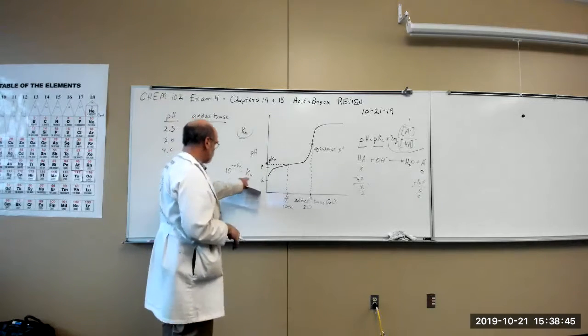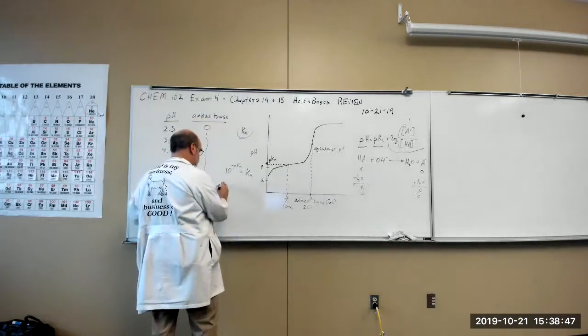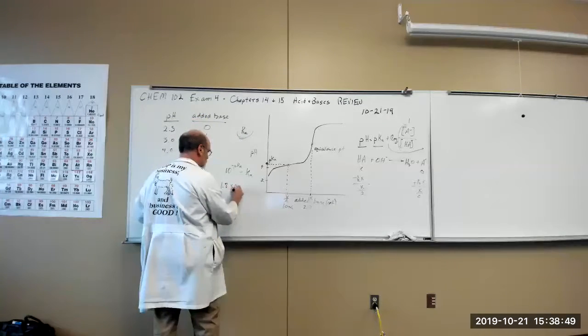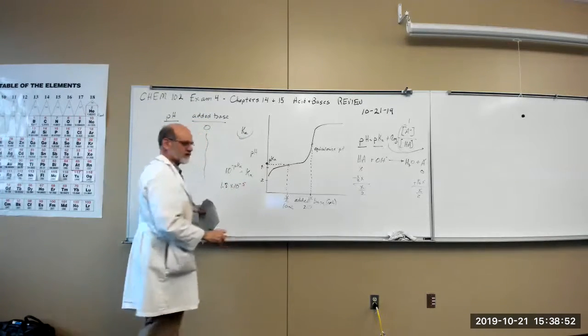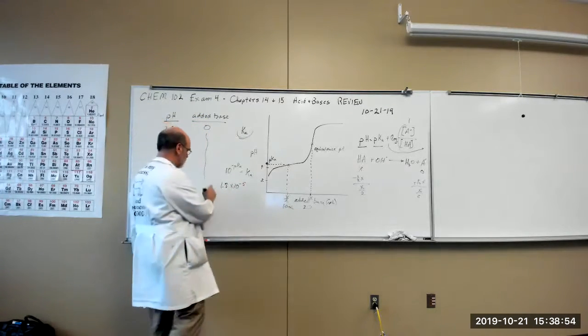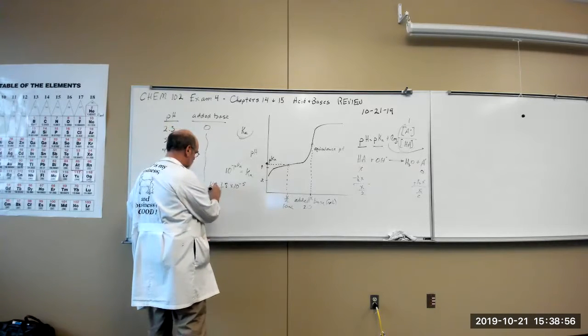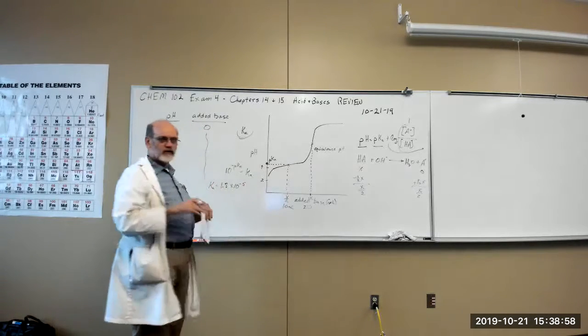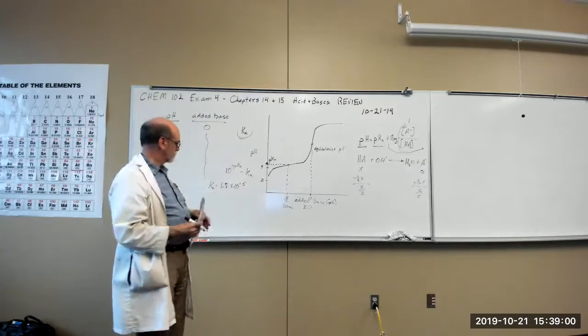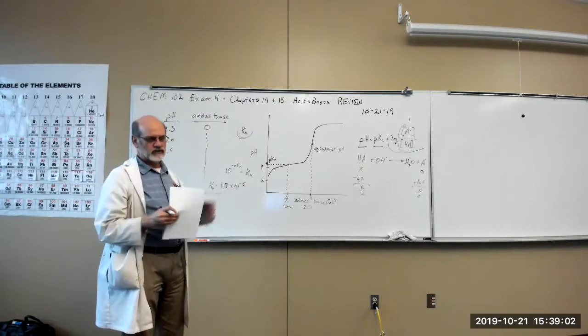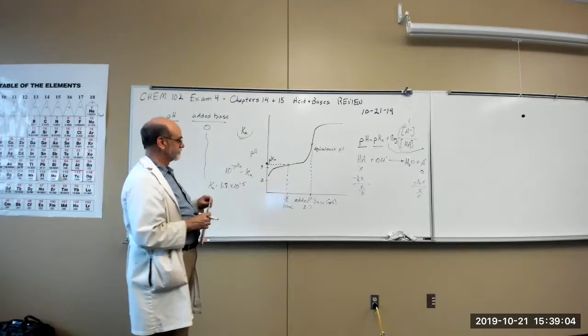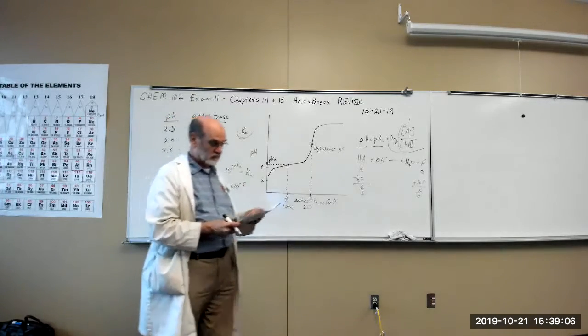And you figure out what this is and compare it to your accepted value. 1.8 times 10 to the minus 5 is the accepted Ka of acetic acid. And you compare yours to that one. And say, what's your percent error? That's basically it.